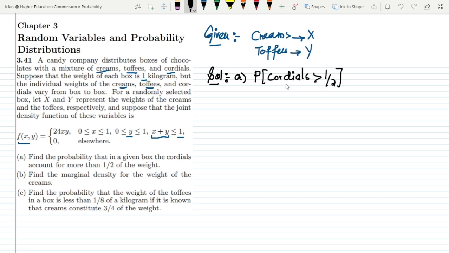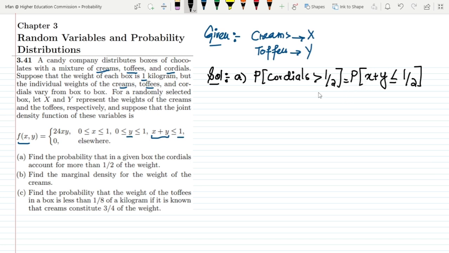So if the weight of the cordials is greater than 1 by 2, it means the combined weight of x and y will be less than 1 by 2. So very clearly it will be x plus y less than or equal to 1 by 2. It must be understood in this way.